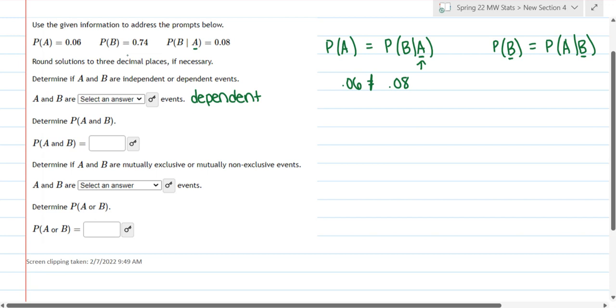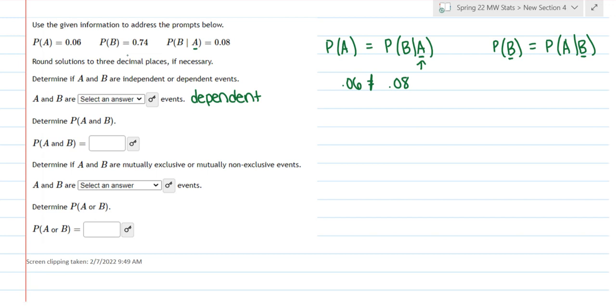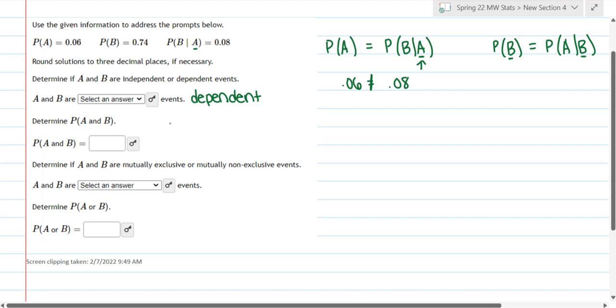Okay, now the probability of A and B, since we know that they're dependent, that is the formula where we are doing the probability of A times the probability of B given A. Okay, that's your AND formula, the very first one we gave in this section. So the probability of A is 0.06.